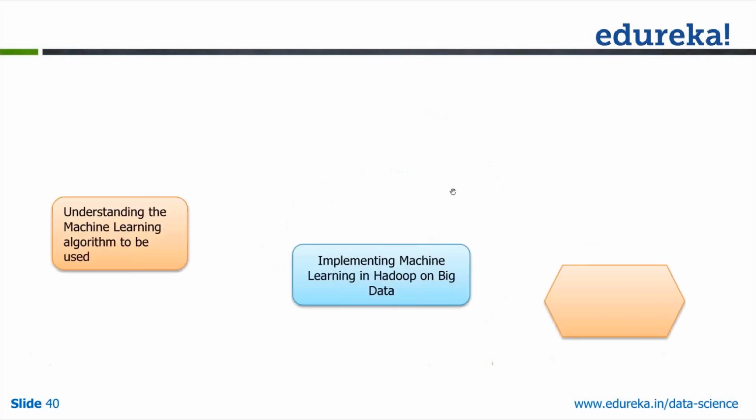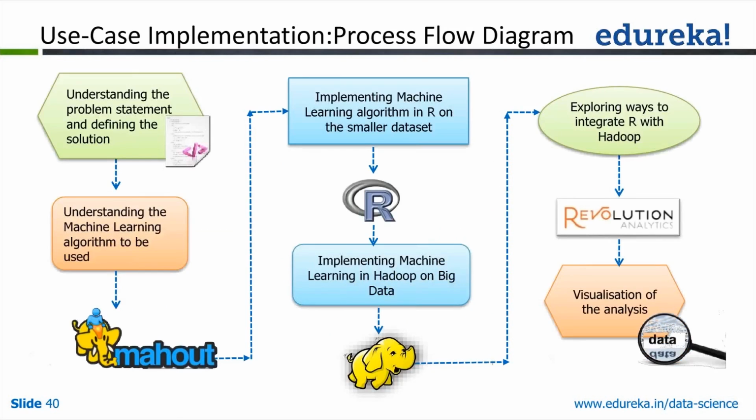So we have looked at use cases. This one tells you the process flow of a data scientist in dealing with any particular problem. Let's go over them quickly so we can understand that flow in a better manner.